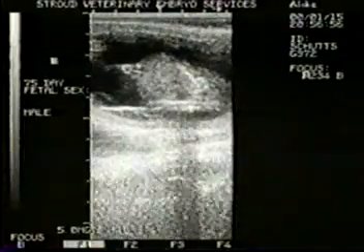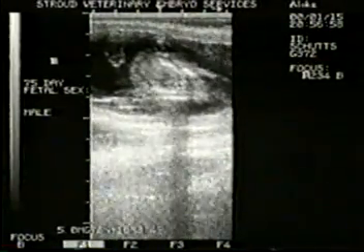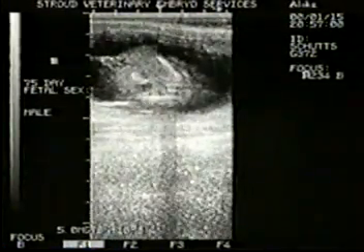The transducer is moving back and forth from the umbilicus to the male GT.